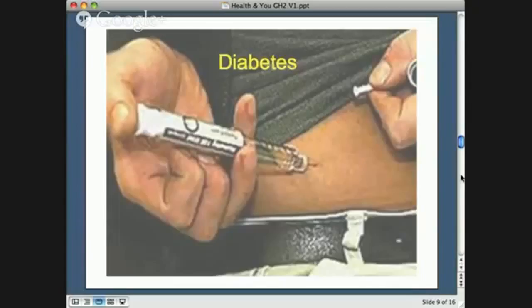Diabetes. In 2011, diabetes caused 4.6 million deaths. Diabetes is the leading cause of kidney failure, non-traumatic lower limb amputation, blindness, major heart disease, and strokes.